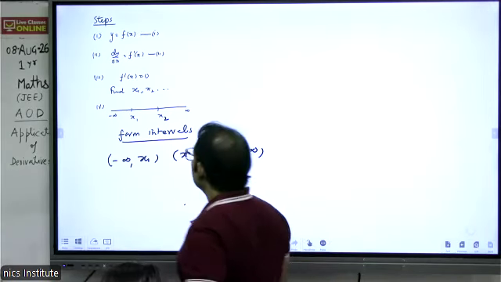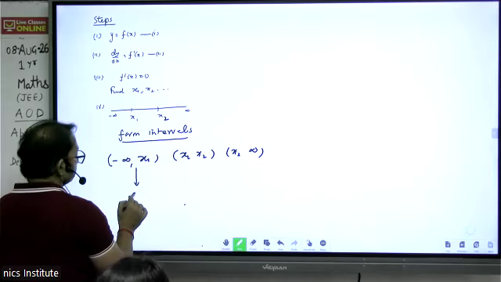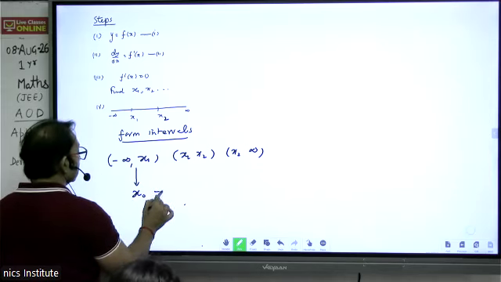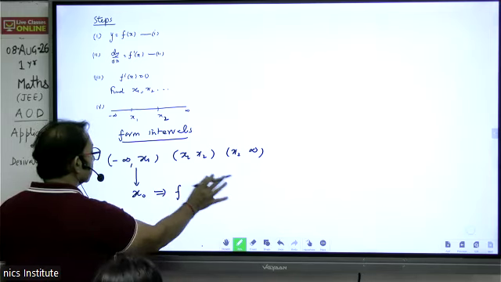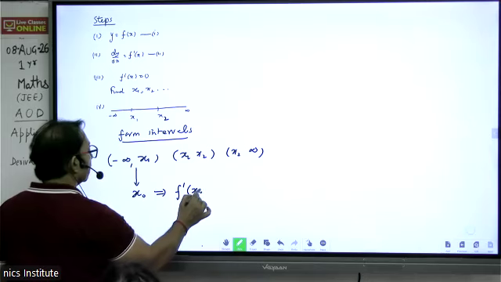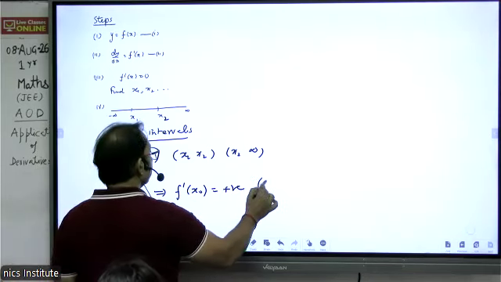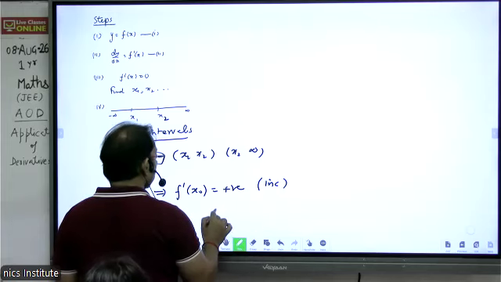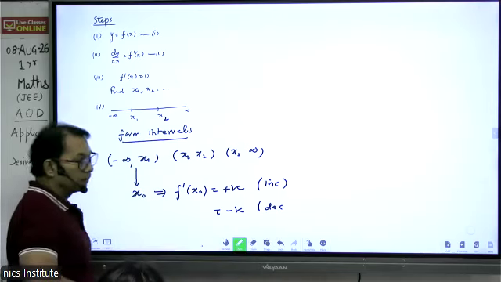And then choose some point in the given interval, say x naught, and substitute it in the derivative. If it's positive in that interval, it will be an increasing function, and in case it's negative in that interval, it will be a decreasing function.